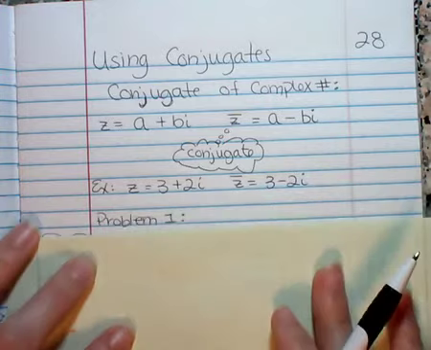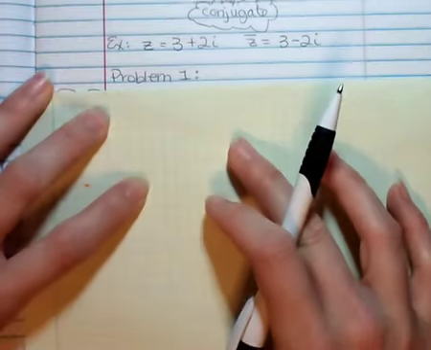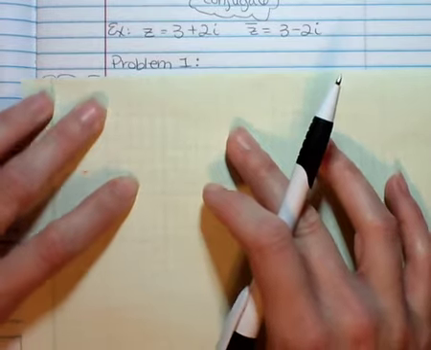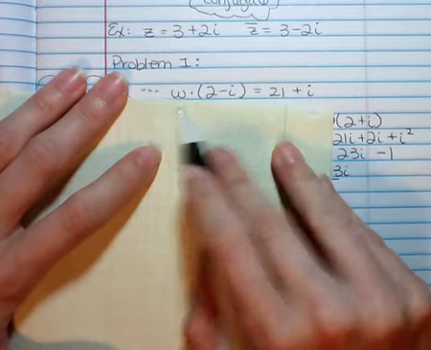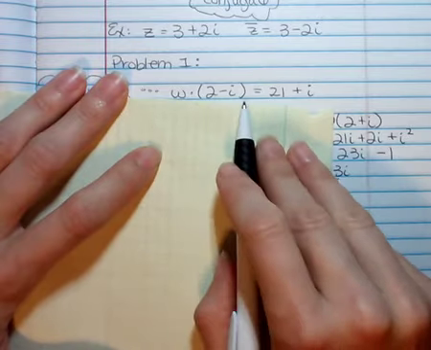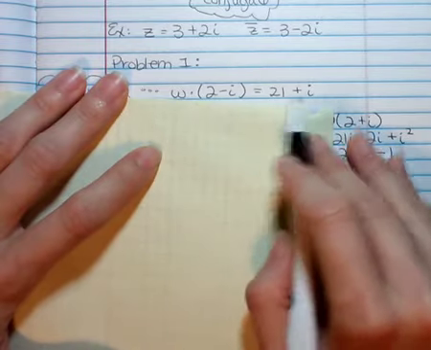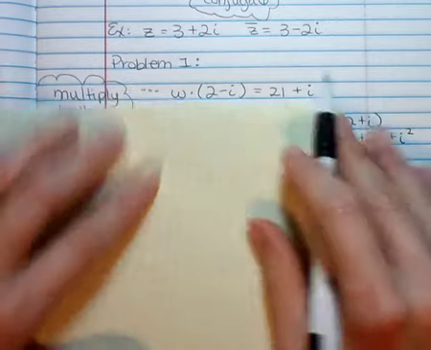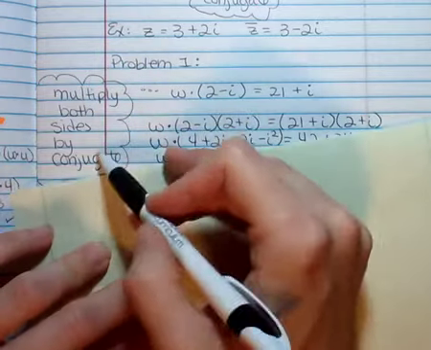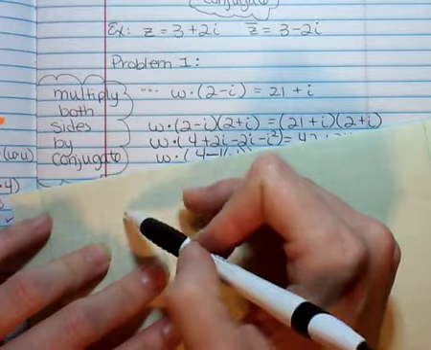And let's talk about some problems and how we could use conjugates to help us with these problems. If we are talking about the equation w times (2 minus i) equals 21 plus i, then one way we could solve this is to multiply both sides of this equation by the conjugate.